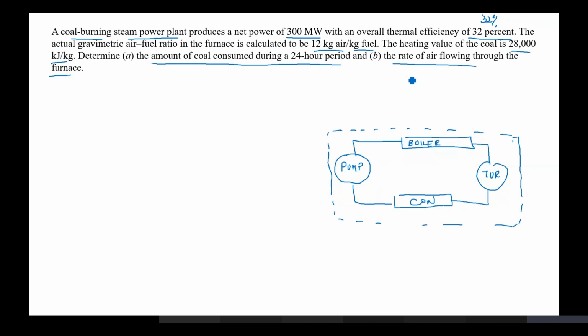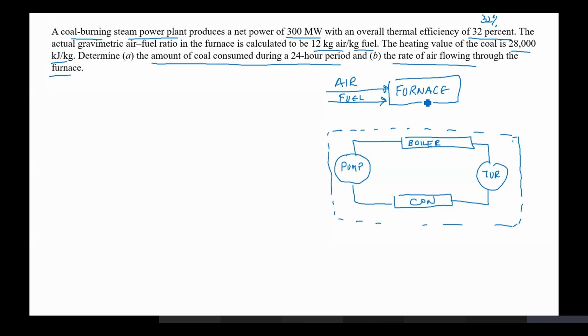All right, so you have a coal-fired furnace over here which is giving you heat. Essentially you have air and fuel coming into the furnace.